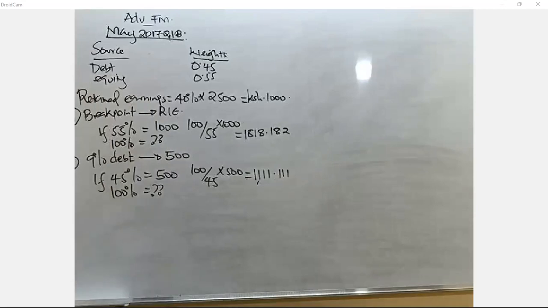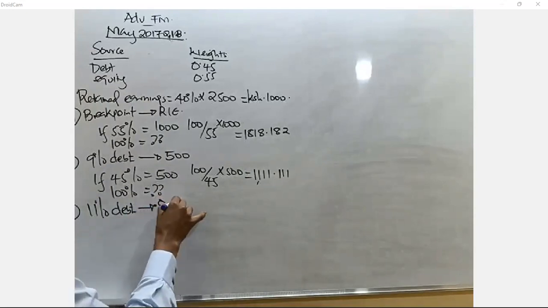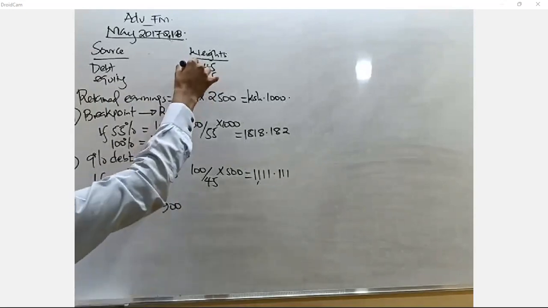Now, we also have another component there. We have 11% debt, number 3, which is currently giving us 900,000, the maximum. So you take your proportion for the debt.